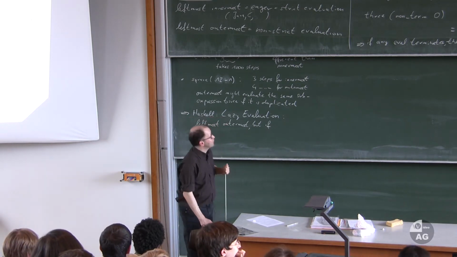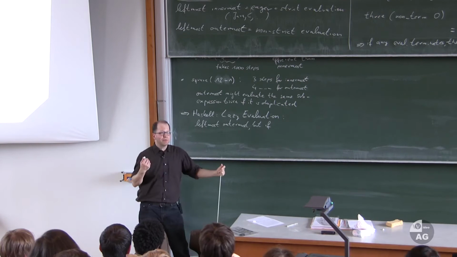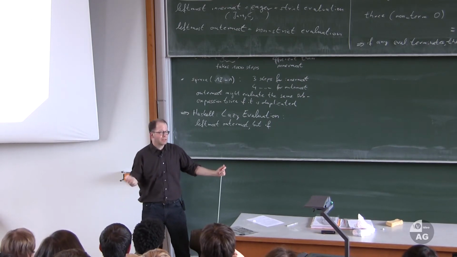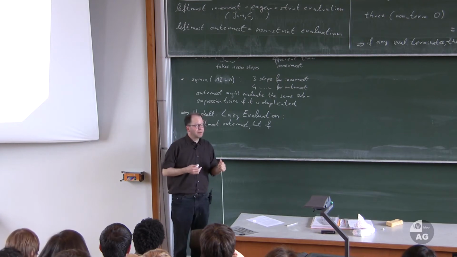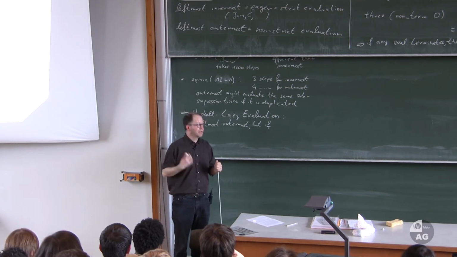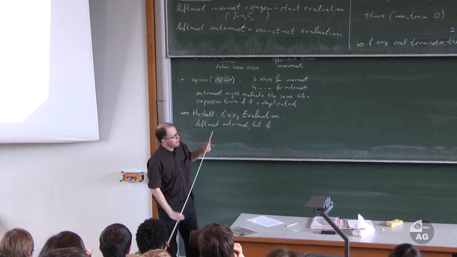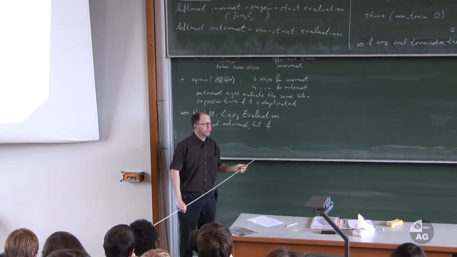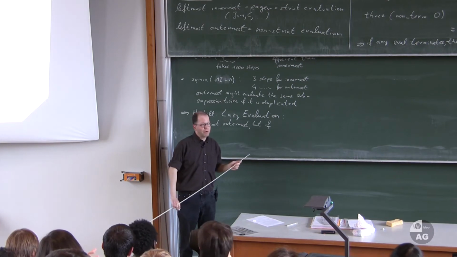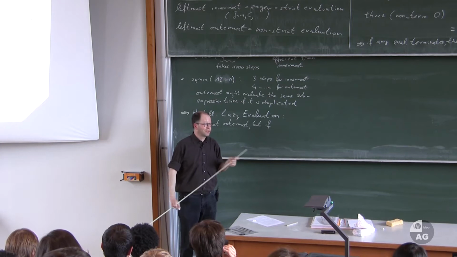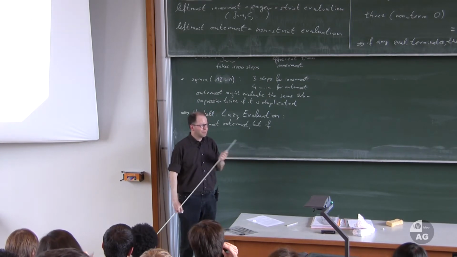Well, the problem is if you let the programming language decide which evaluation strategy to take, and sometimes it takes outermost, sometimes it takes innermost, then it becomes unpredictable what the termination behavior of your program is. Because as we've just seen, the evaluation strategy influences the termination behavior and the efficiency.